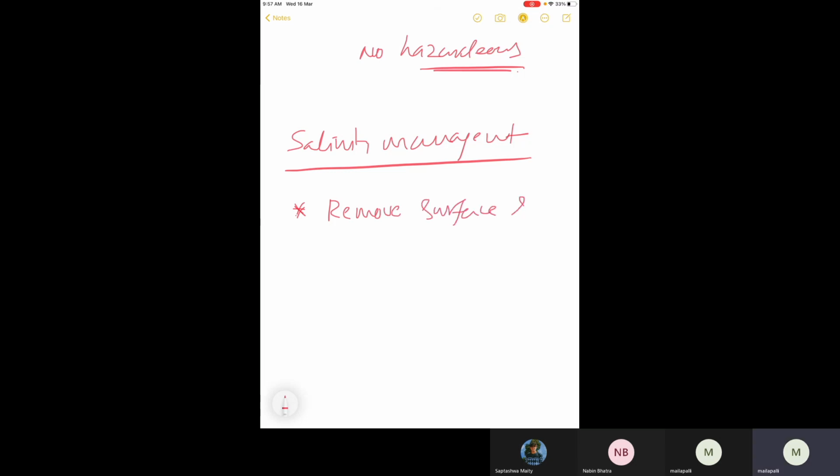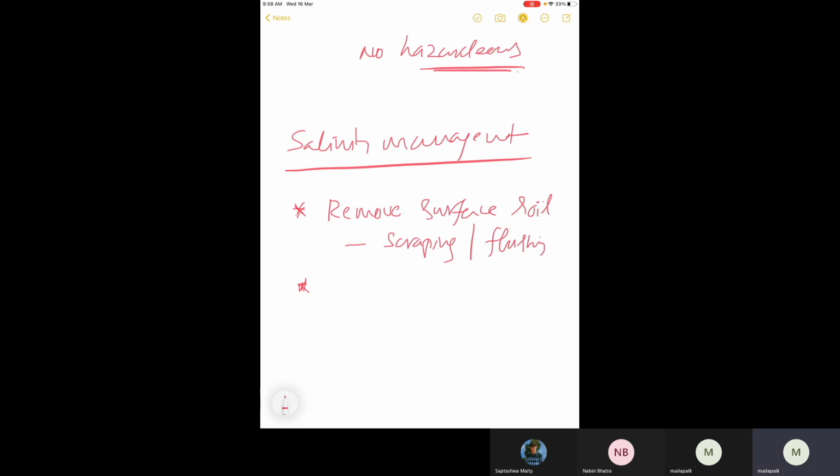That's number one. I mean, this is common sense, right? If there's a surface crust, you can just use a scraper and then remove the deposited salts on the surface. Okay, scraping or flushing. So you can use scrapers or flushing. Right? This is one.